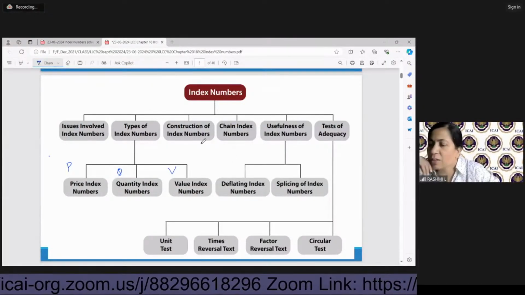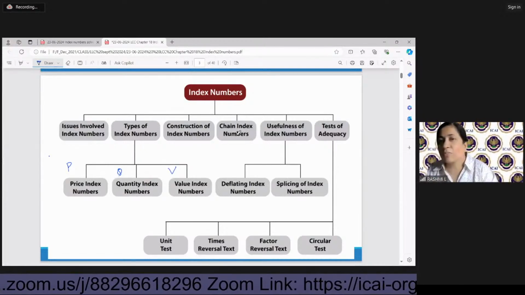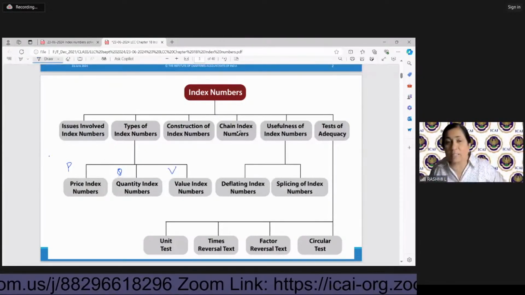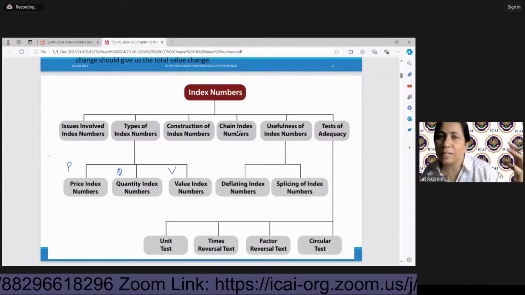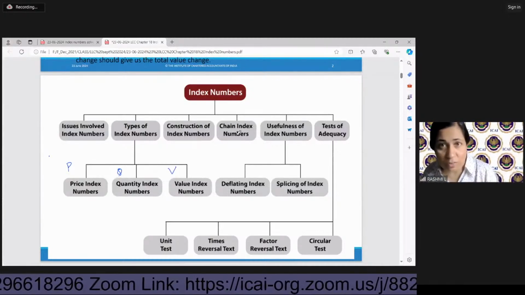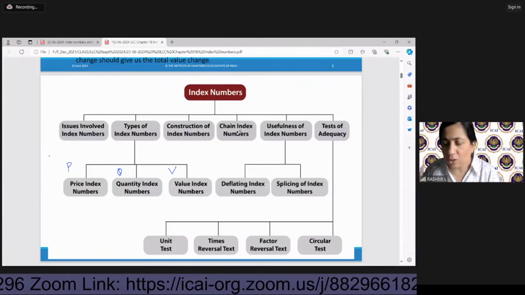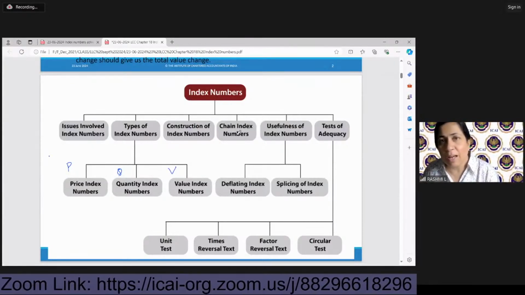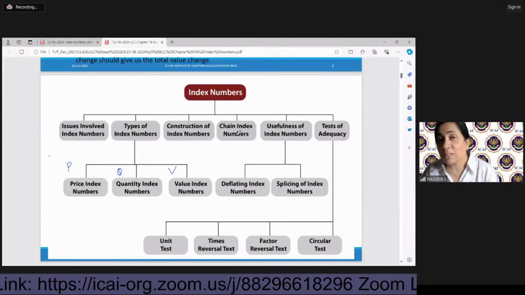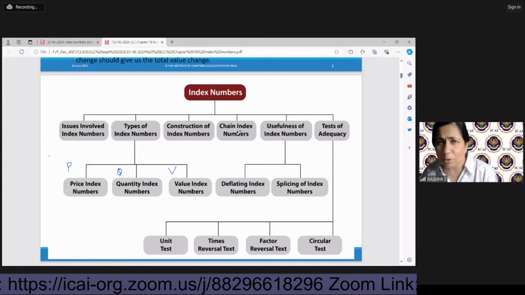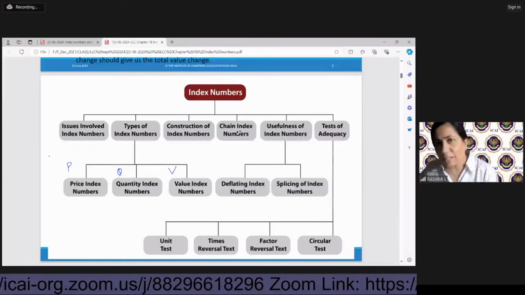Then we are going to do construction of index numbers and chain index numbers. We use chain index numbers when the whole situation is very dynamic, so just taking one year as the base year does not serve the purpose. For example, there was a sharp decline during the pandemic, and once the pandemic got over, there were sharp changes in the prices of various commodities, and slowly and steadily things started improving.